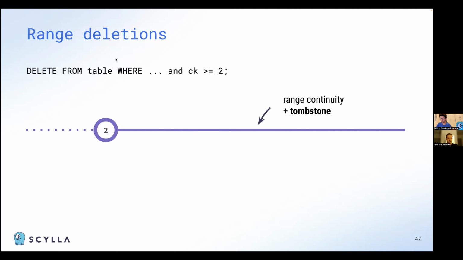And the cache has to also store this information appropriately to serve it to reads. And we do it by using a similar mechanism, like I mentioned before, which is range continuity. We record the information that a range in cache is complete, but also annotate it with deletion information. So this is also something which is taken care of.